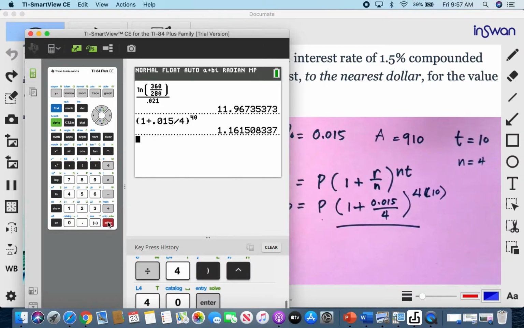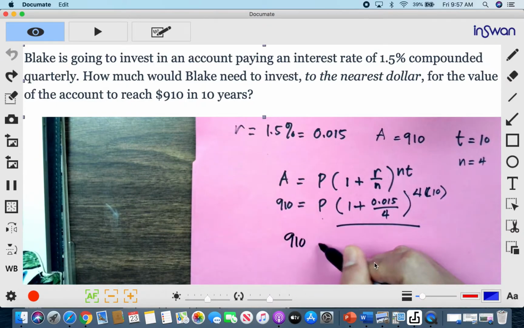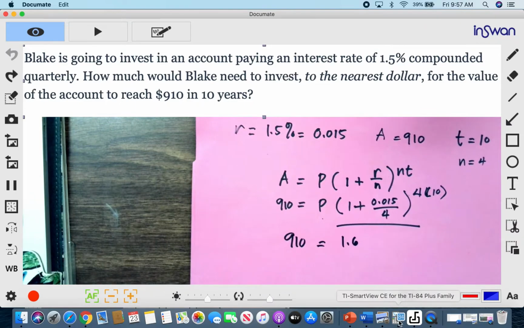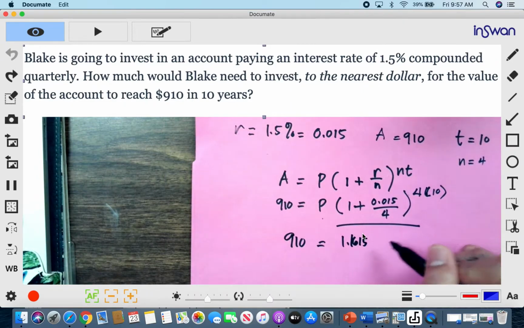And then you will have this value, 1.1615. So we will use 1.1615. So 910 is equal to 1.1615 times P.